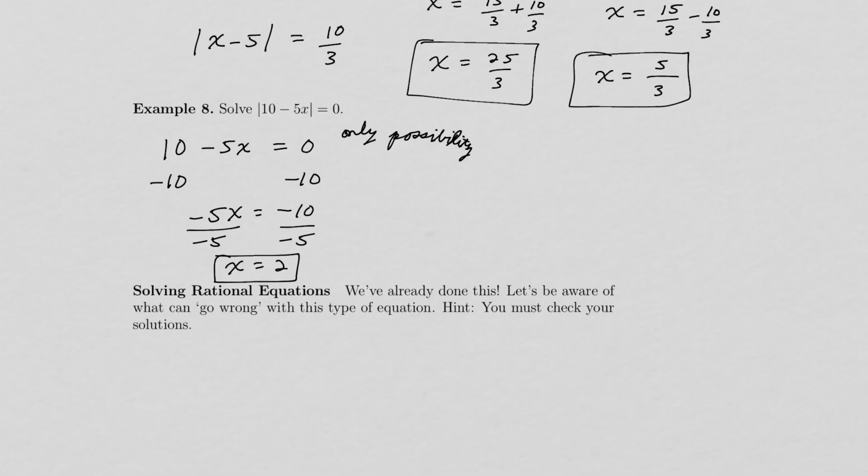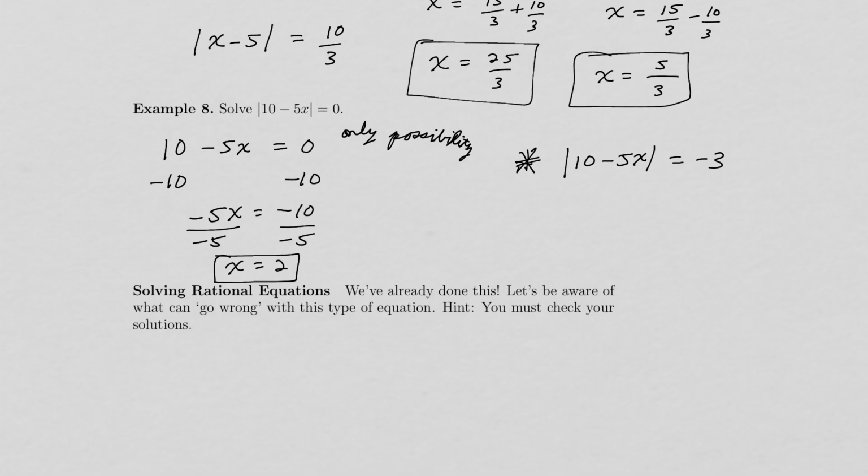But by the way, what if you had this? I'll just put a star here. What if you had absolute value of 10 minus 5x is equal to -3, and you're asked to solve for that? Well, you've got to be careful. Can an absolute value ever equal a negative value?